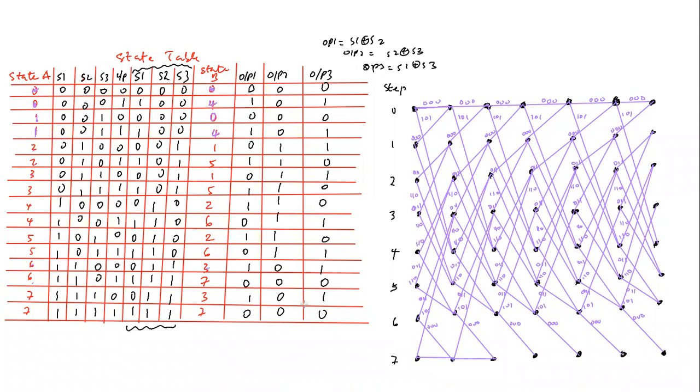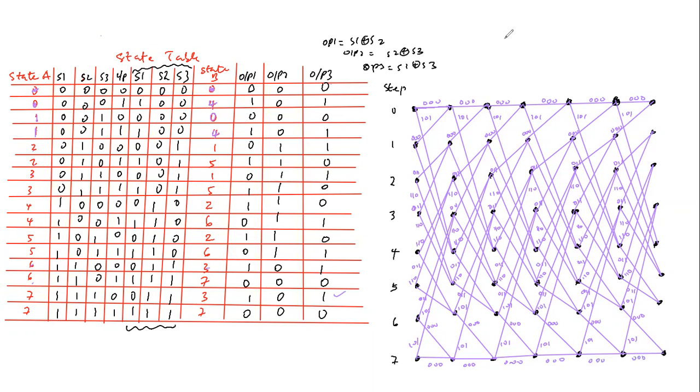Then we have 1, 0, 1 for this and 0, 0, 0. Between step 7 to step 3, 1, 0, 1, and 0, 0, 0.